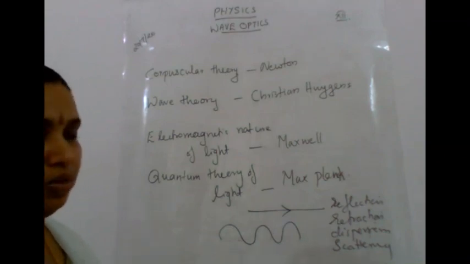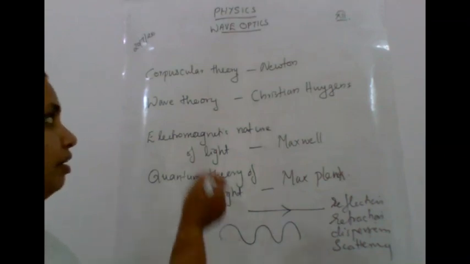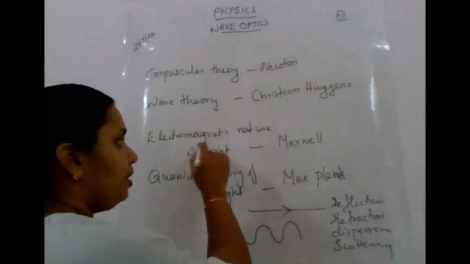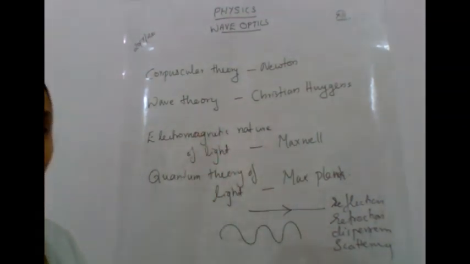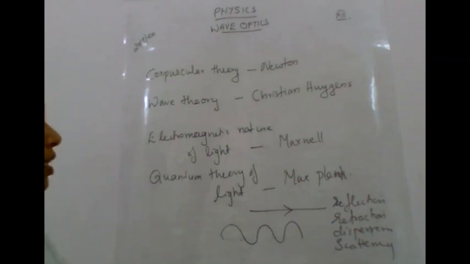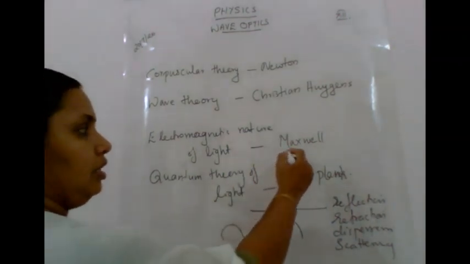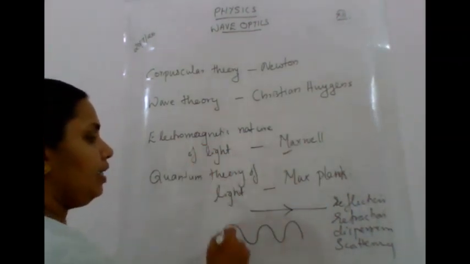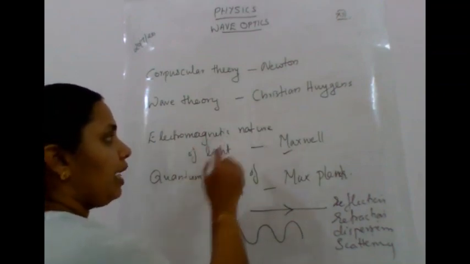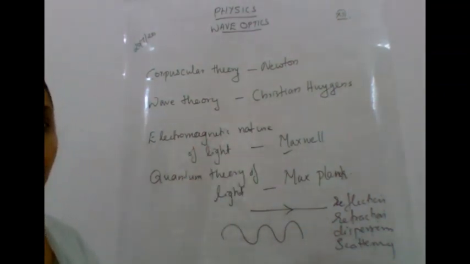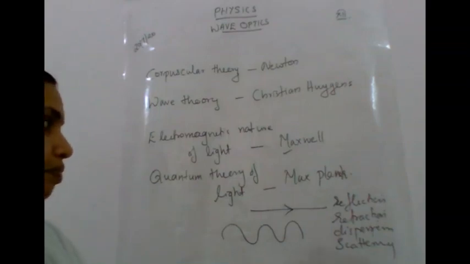Light is transverse in nature. Then, after discussing the electric and magnetic nature, Maxwell proved that light has electromagnetic characteristics. It is propagating as an electromagnetic wave, and we know it is a part of the electromagnetic spectrum.